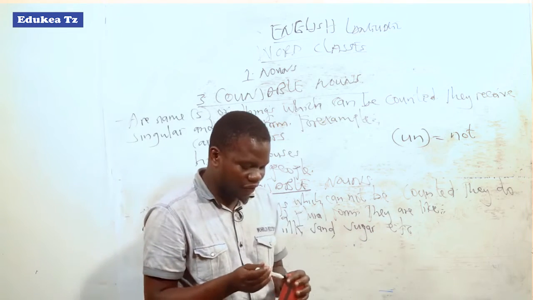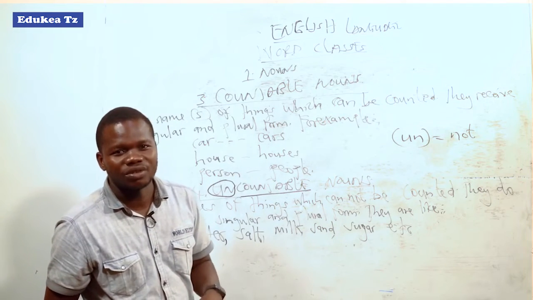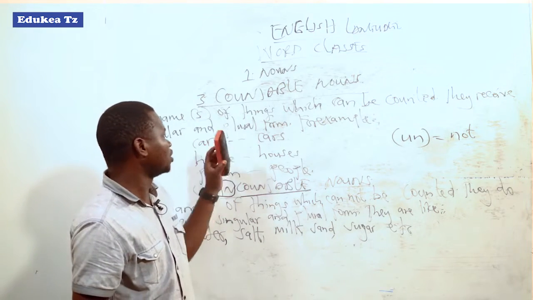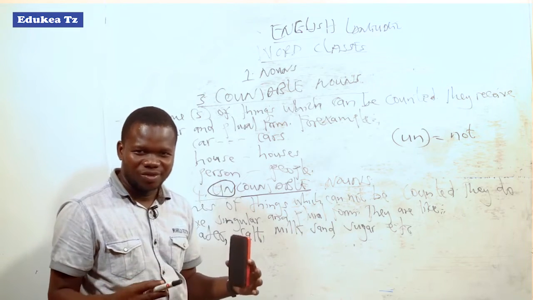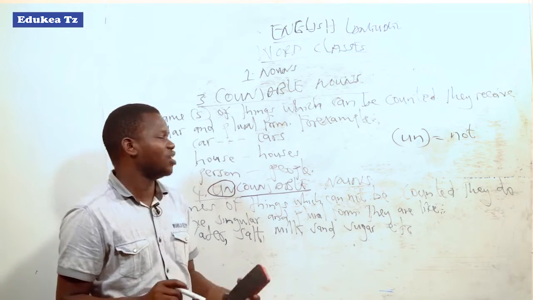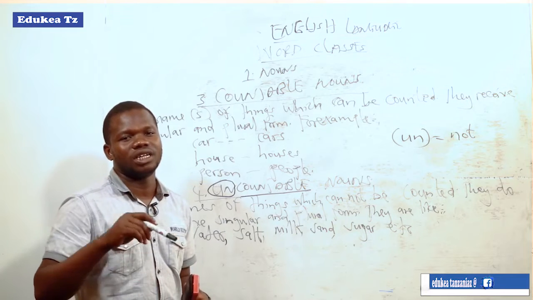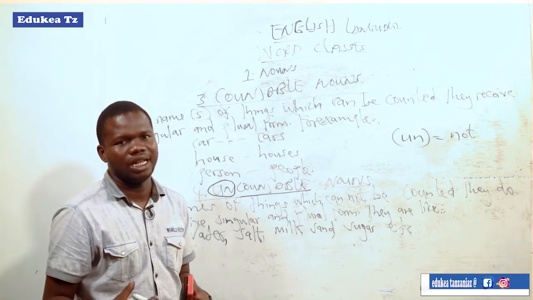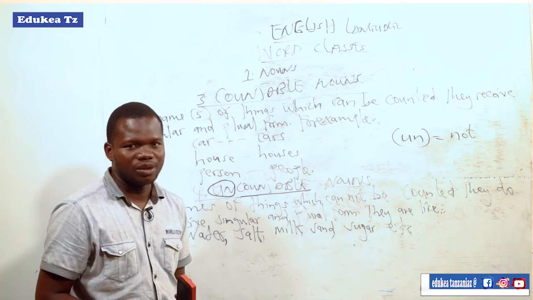So now, what are the differences between countable and uncountable nouns? One is countable, they can be counted. We may count them, 1, 2, 3, and other numbers. While uncountable, they cannot be counted. We can't count such things like water, like rice, and the other examples of uncountable nouns.